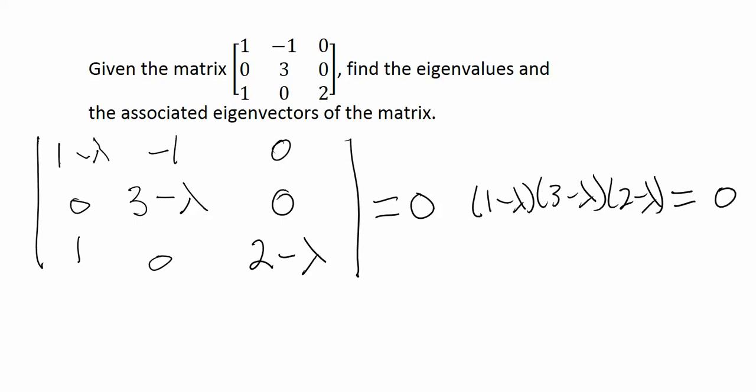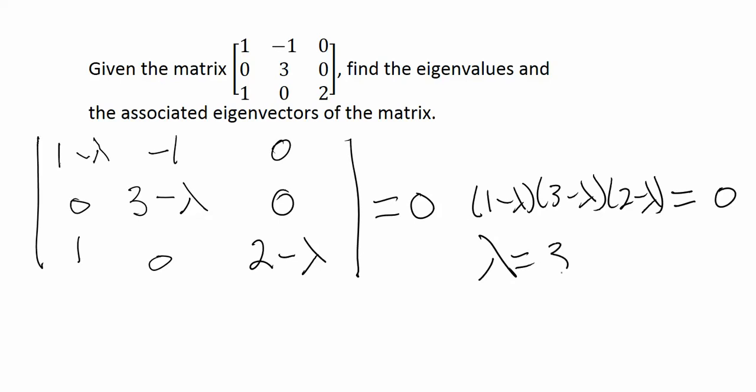equal to 0, which means that we could expand this out to get our characteristic equation, but since the problem didn't specifically ask for the characteristic equation, we already know what the eigenvalues are. What are the eigenvalues? They're the roots shown here, and what are the 3 values of lambda that would make this equation be true?